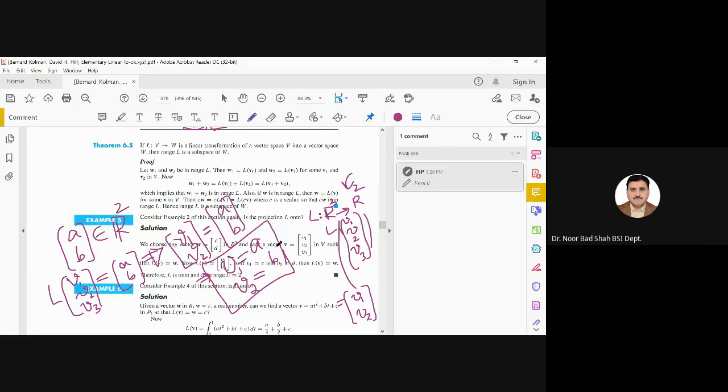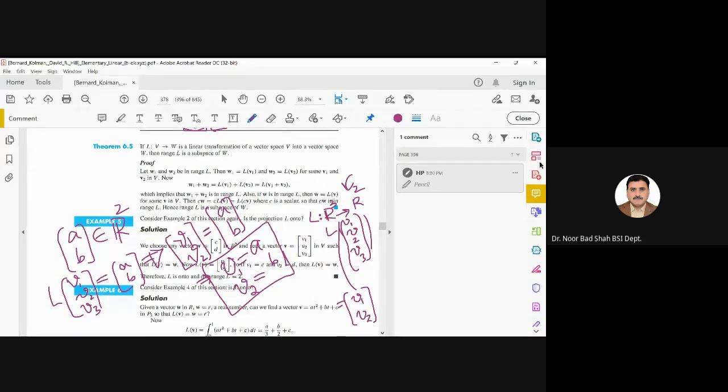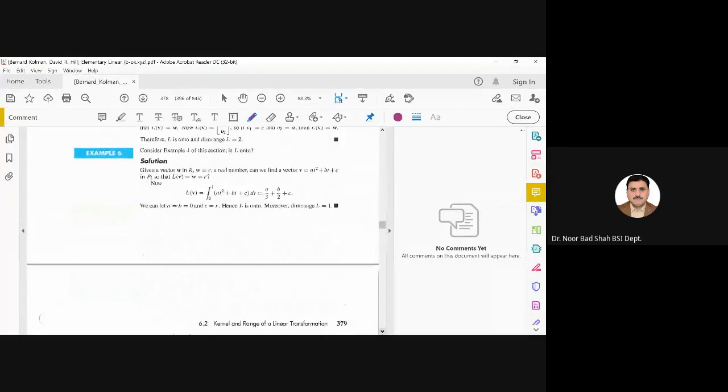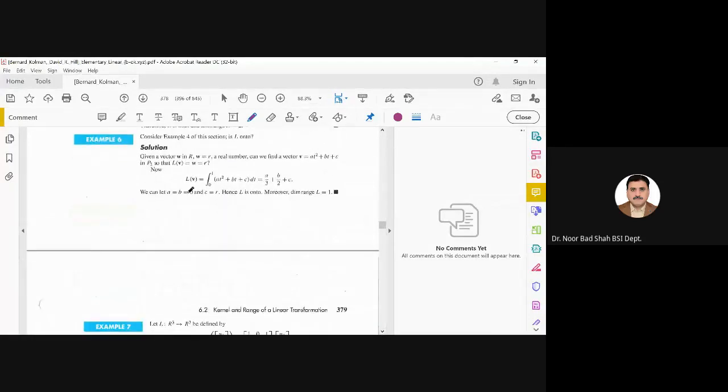If you couldn't find a solution of this system, we say no, it is not onto. So here in this case, it is onto. The same thing here: you take any real number and equate that to this one. So C is equal to R in this case. If you take A equal to B equal to 0, again L is onto.